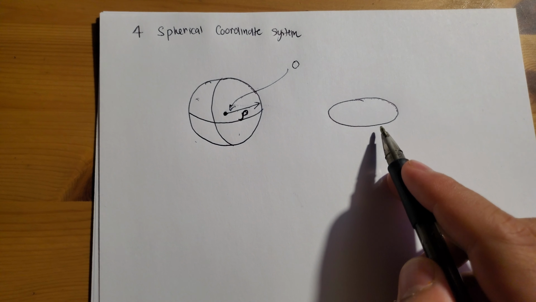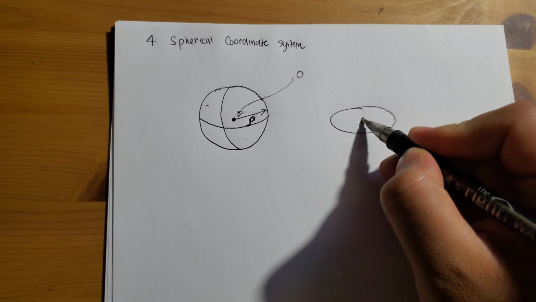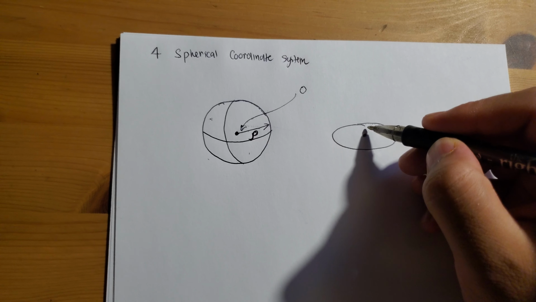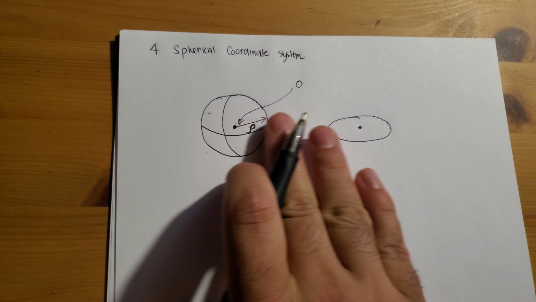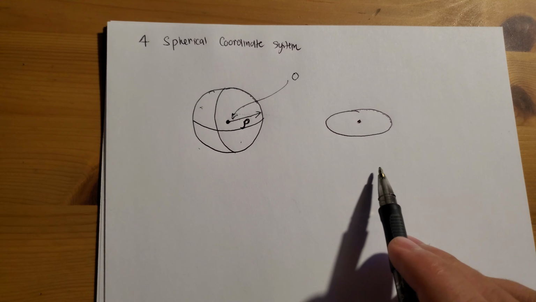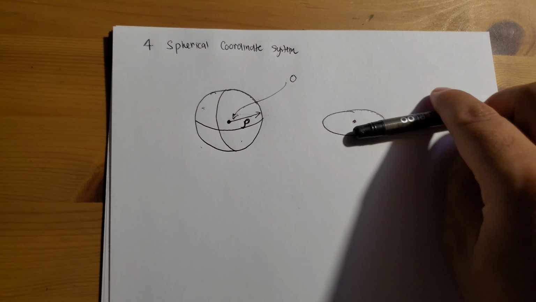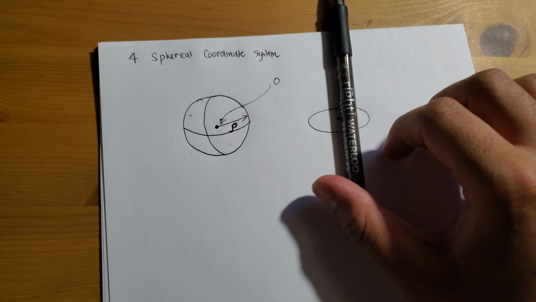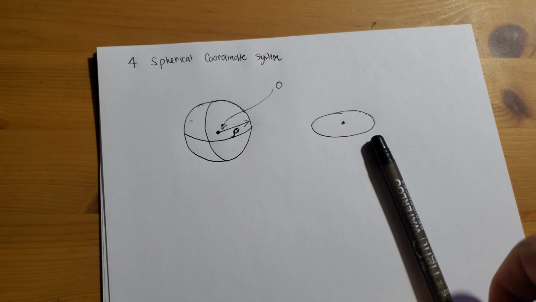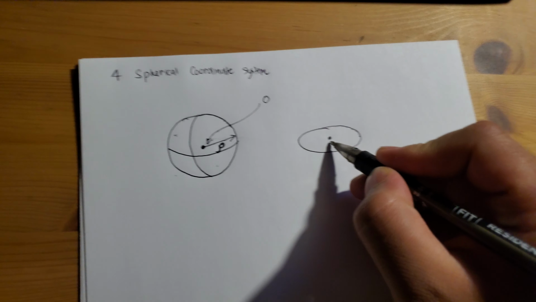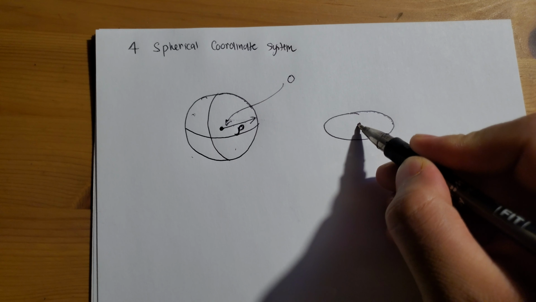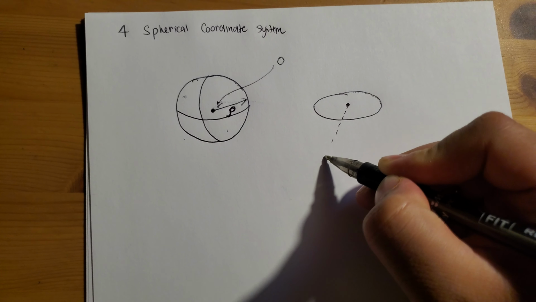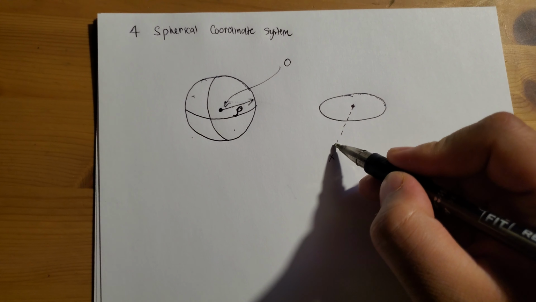which I can draw like this, where this is the center of the ball and this is the horizontal plane that cuts in between. Now if I want to determine which direction I'm going in this horizontal plane, am I facing to the right, towards the back, to the left, or towards you, you have to start from an axis or a starting point, which we can label here as the x-axis.